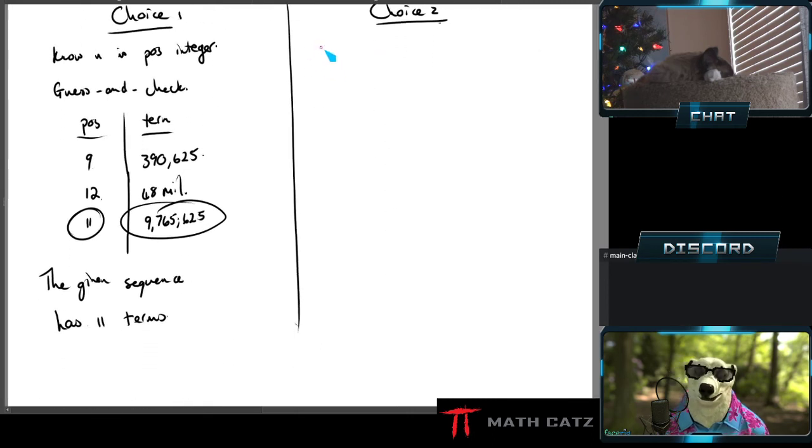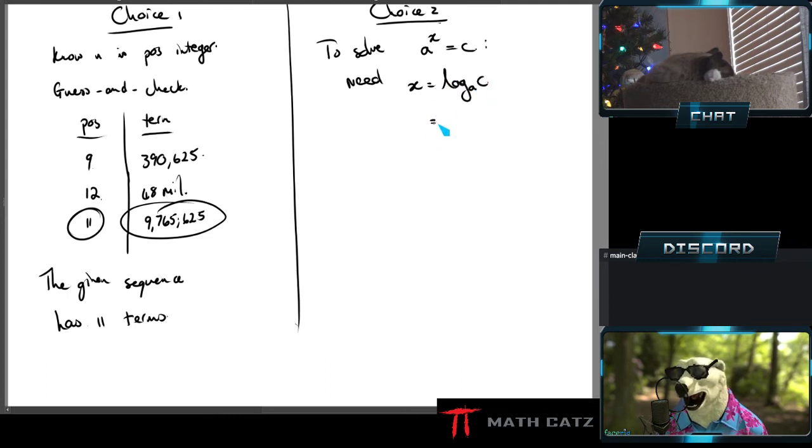In general, to solve something like a to the x equal to c, so a and c are numbers and x is my unknown, we need what is called the logarithm base a of c, and on your calculator there is a button called ln, which allows me to calculate these as a fraction, ln of c over ln of a.